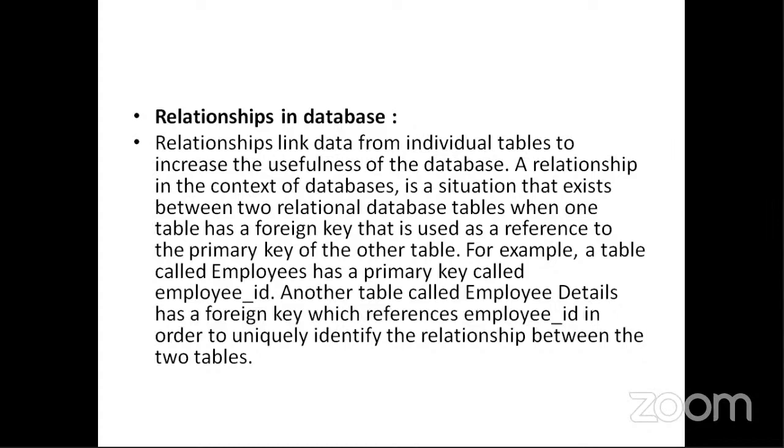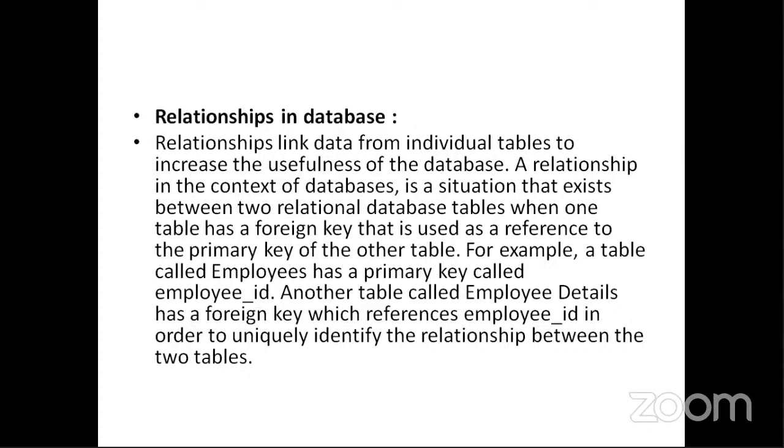For example, a table called employee has a primary key called employee ID. Another table called employee details has a foreign key which references employee ID in order to uniquely identify the relationship between the two tables.